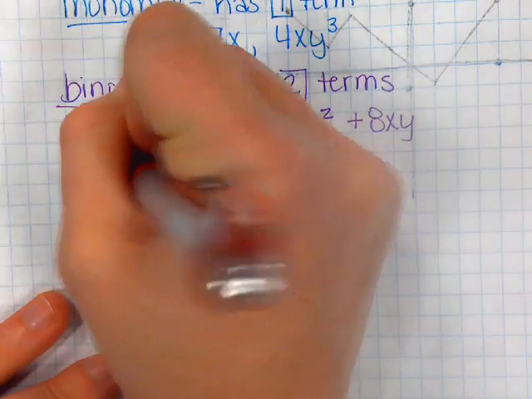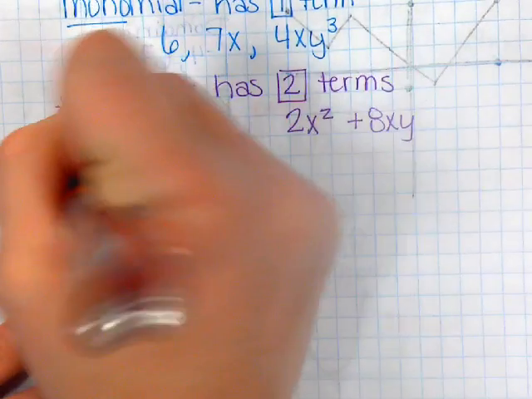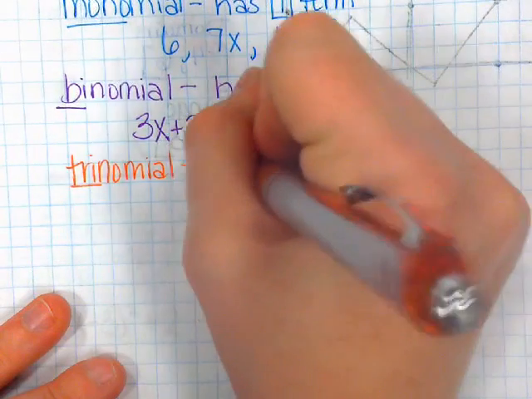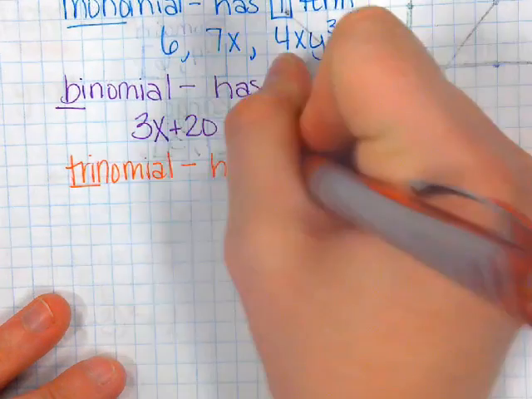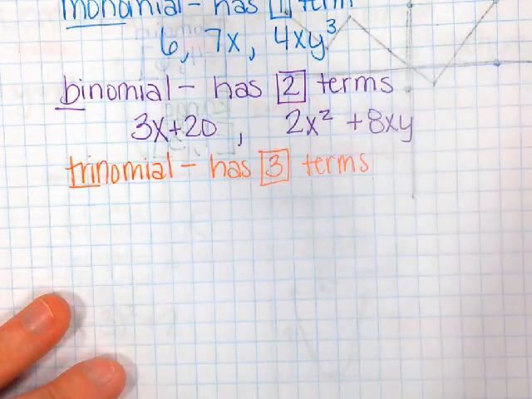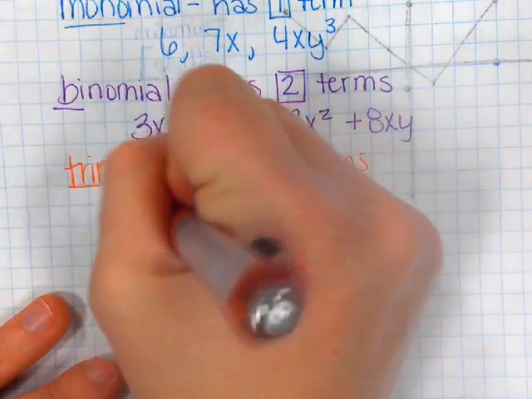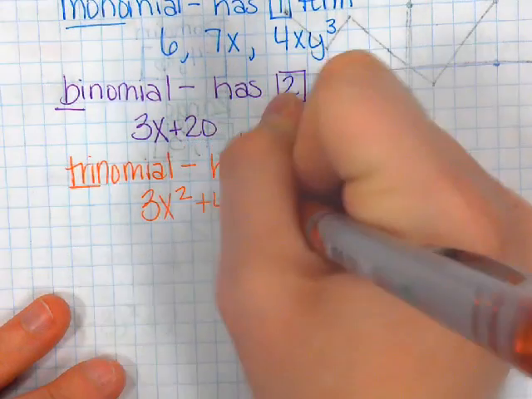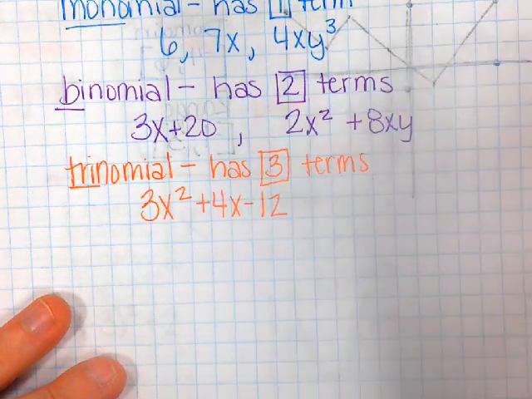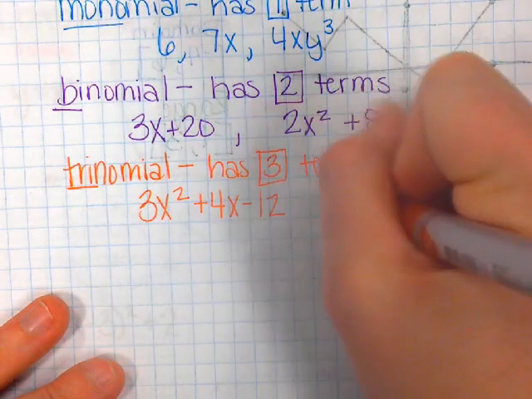The next one is trinomial. Tri means it has three terms. So 3x squared plus 4x minus 12, that's the first example.